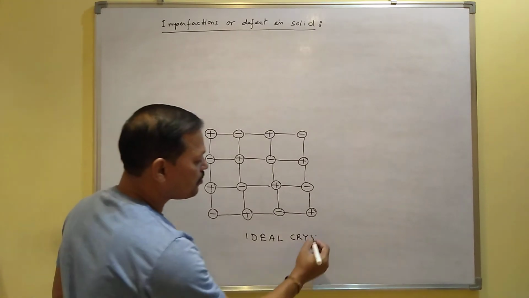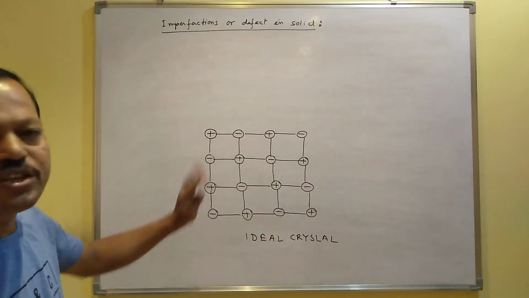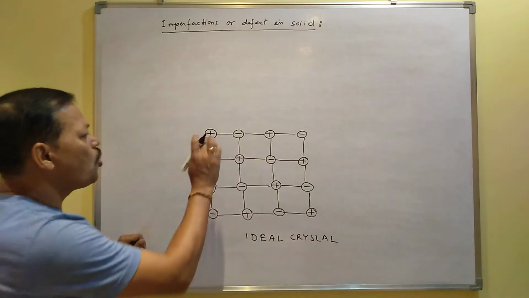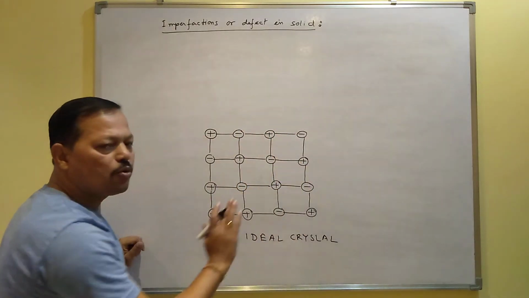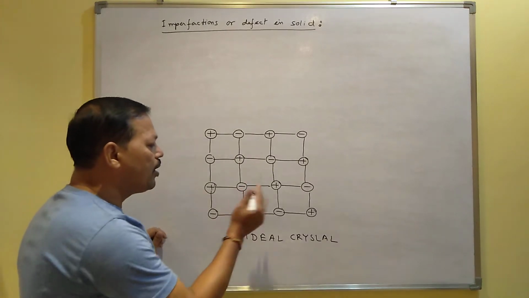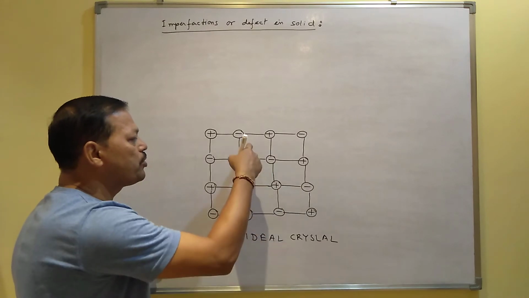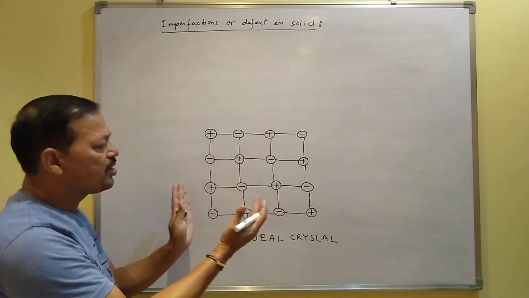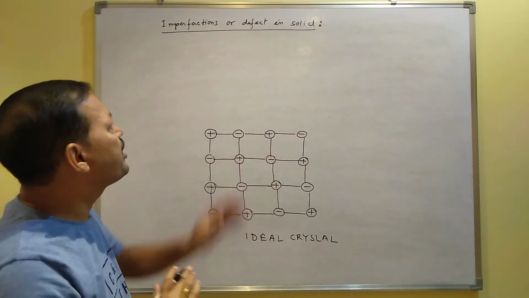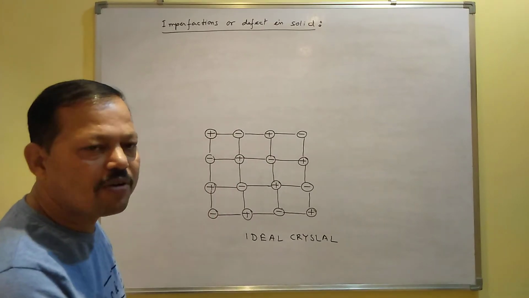In this type of crystal there is no defect because all the particles are present in their own position. But in some cases the particles may change their position from this position to that position. You will get some deviation inside the crystal. Then the crystal is said to show some defect or imperfections.